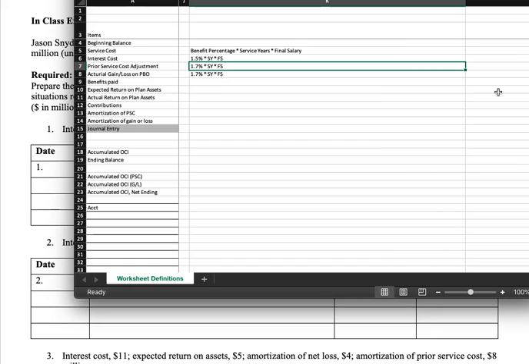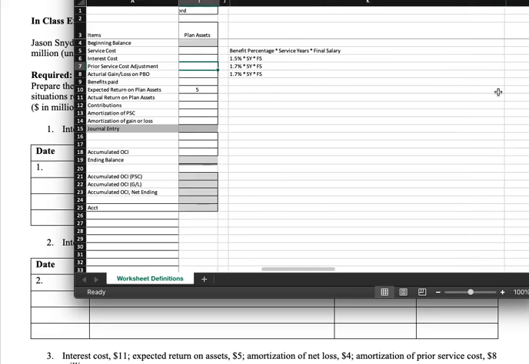And so when we do that, it creates what we call a deferred recognition. We actually record it in our PSC here, our prior service cost OCI account, and then we're going to amortize it over time, and over time it becomes part of our pension expense.